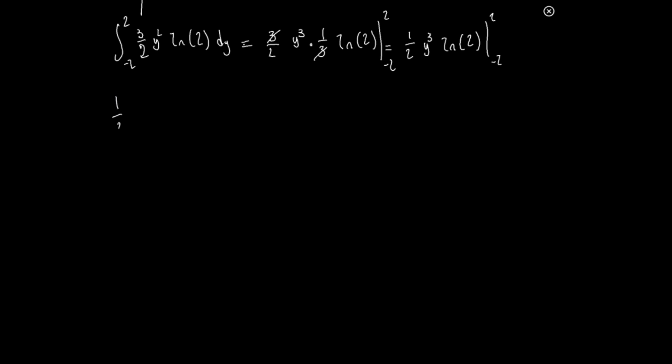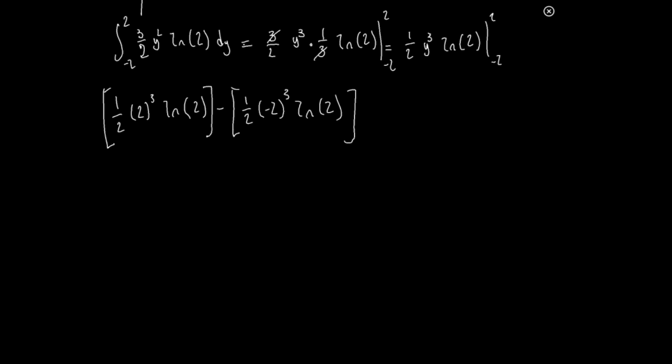So we have 1/2 times 2 cubed times ln2. That's for our upper bound, right? Minus plugging in our lower bound, we get 1/2 times -2 cubed times ln2. All right, well, we can go ahead and simplify this by factoring the same way that we did it before.